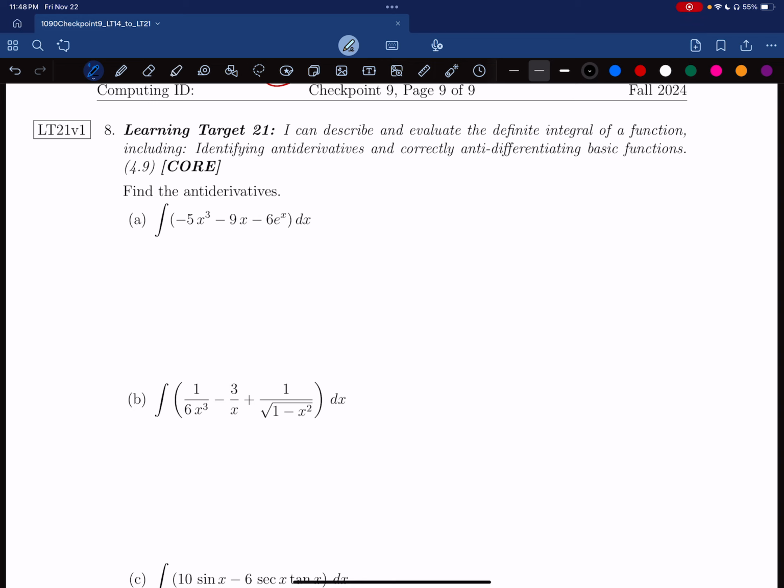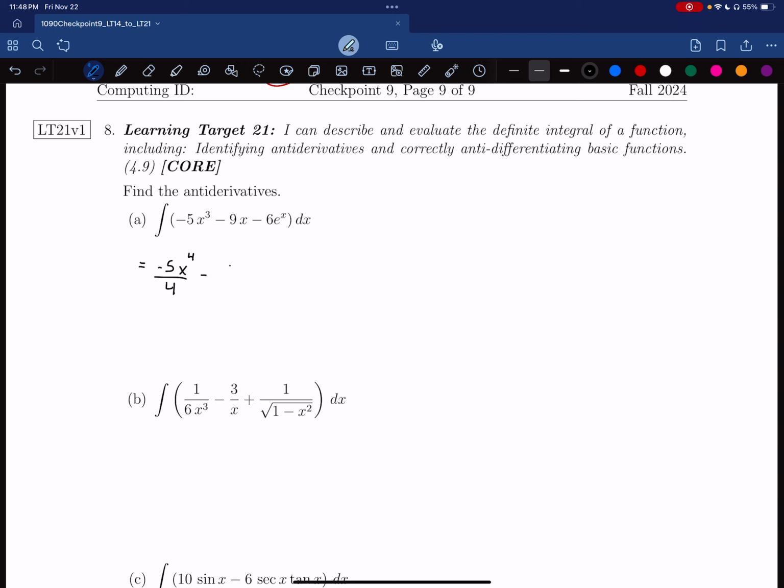And so first term, I'll just use the reverse power rule. So I will raise the exponent to 4. Yep, I'll raise the x to 4. And then I will also divide by that 4. Negative 5/4 x to the 4th.